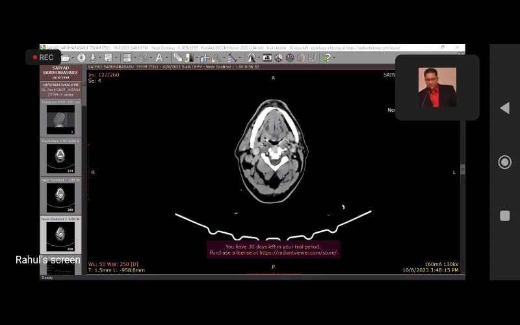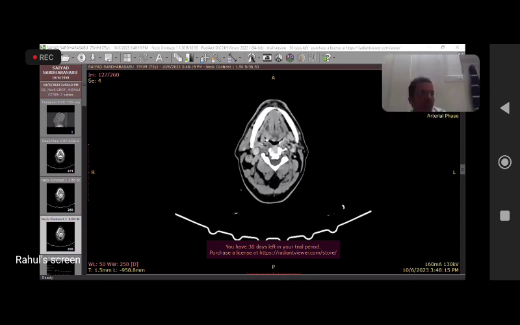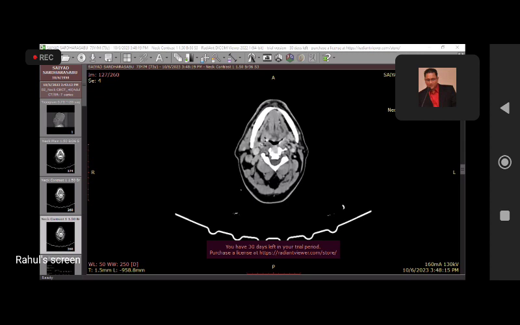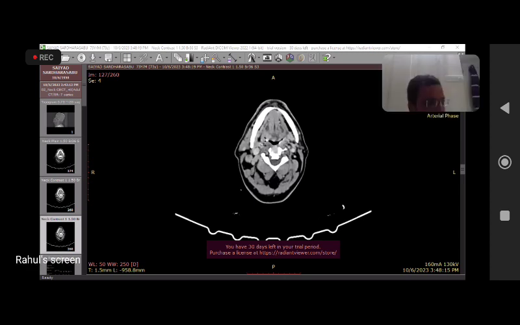How many recurrent laryngeal nerves have you seen on one side? Generally, in your practice, how many nerves can there be? How many branches of branching have you described? Sir, before the entry point, two branches can be possible, and if I consider extralaryngeal branches, then four branches can be possible.